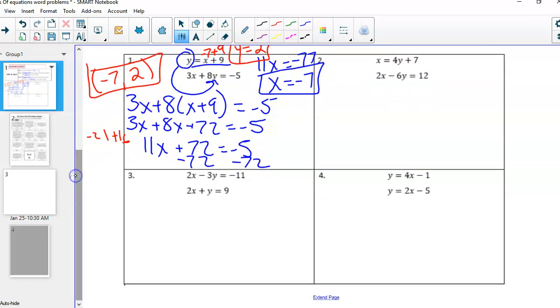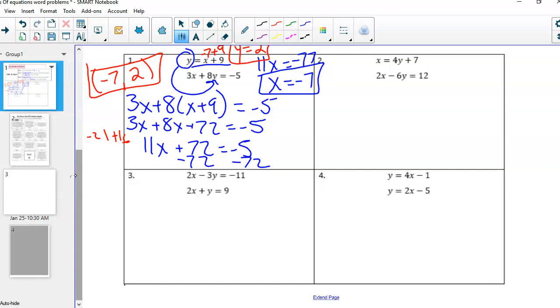I'm not going to do all of these because I want you guys to try some. Let's do one like 3. So for the most part, you'll see equations that look like this. Are either of these equations solved for x or solved for y? And number 3.